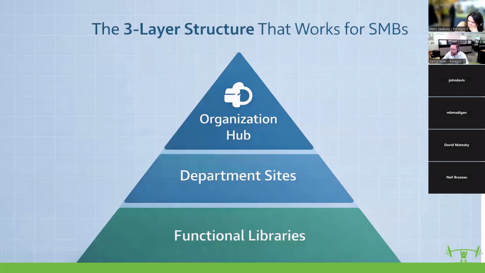Overly complex site hierarchies, deeply nested structures, and excessive teams create mental friction. People will stop trusting the system and start working around it. Simplicity, when designed intentionally, scales better than complexity. A clean hub, well-defined departmental sites, and structured libraries provide enough structure to govern effectively without overwhelming users.